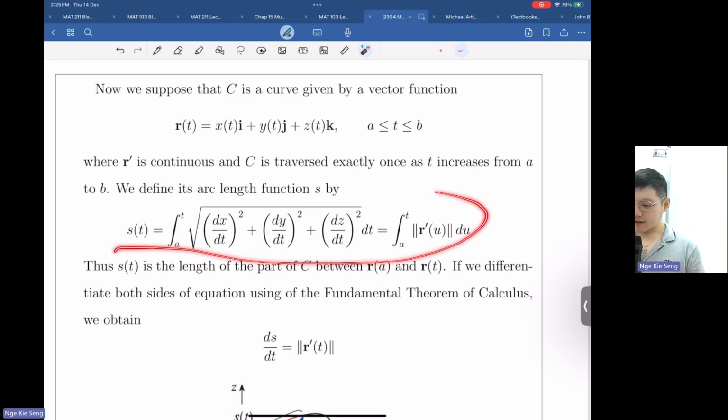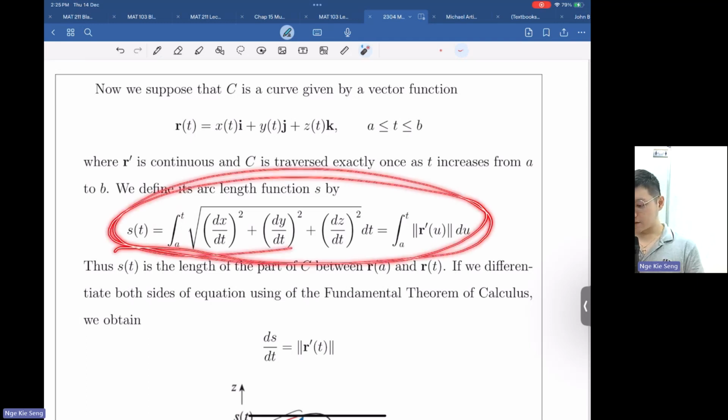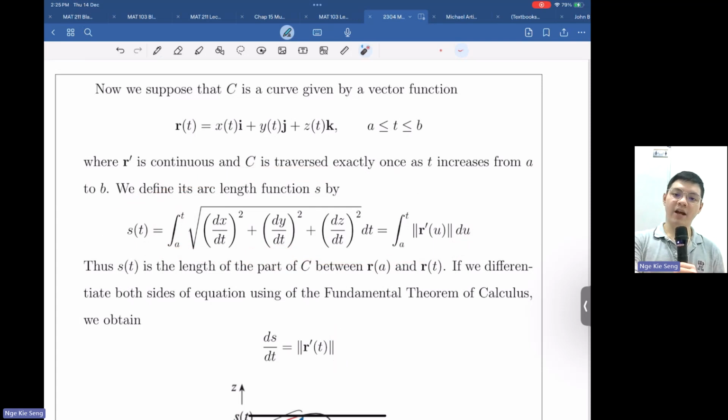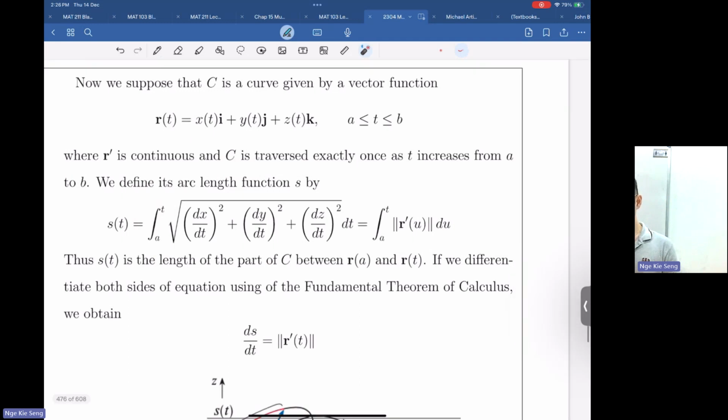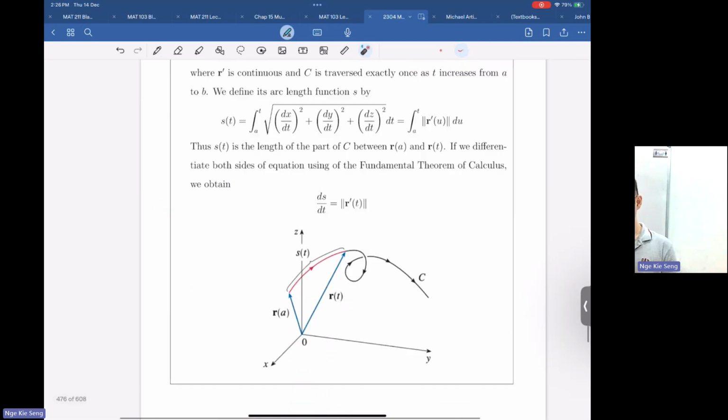If we differentiate this function, what I get is just the length of my tangent vector. So the derivative of this function is the length of my tangent vector. What is the use of this?